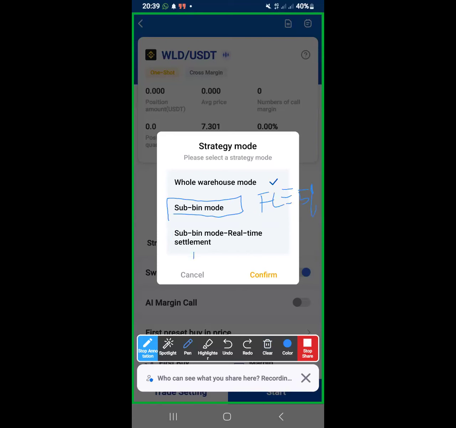Let's assume you use $100, and then the floating loss reduced from -5 to -3%. Whenever the robot sells, okay? Whenever the robot sells, this percentage will not go back to -5. Why? Because no position will be taken off from the coin. The position will remain, the position amount will remain on the coin.